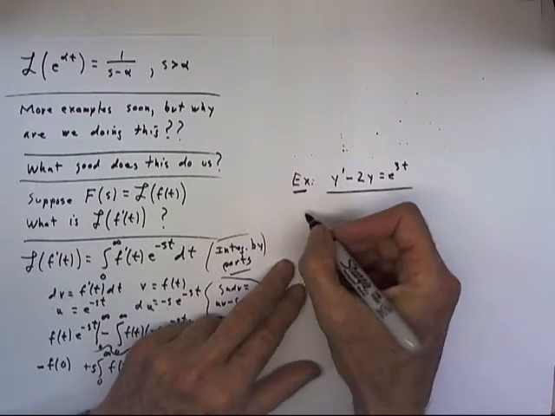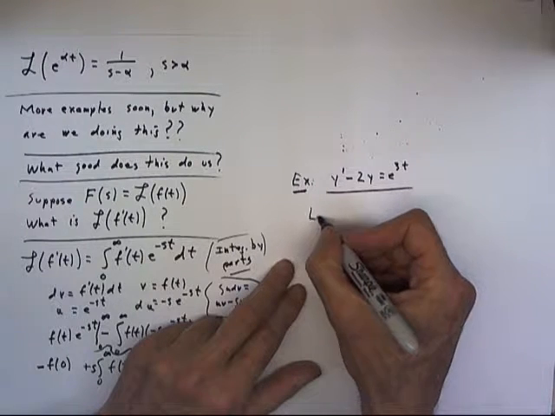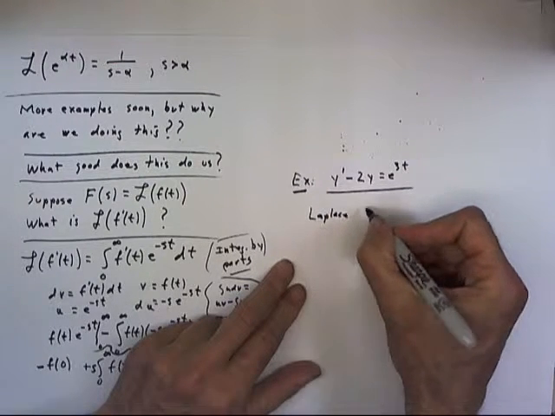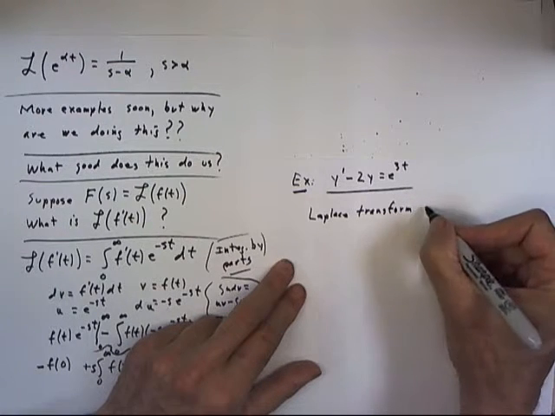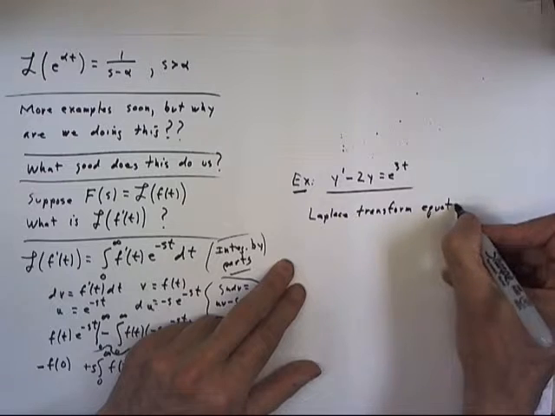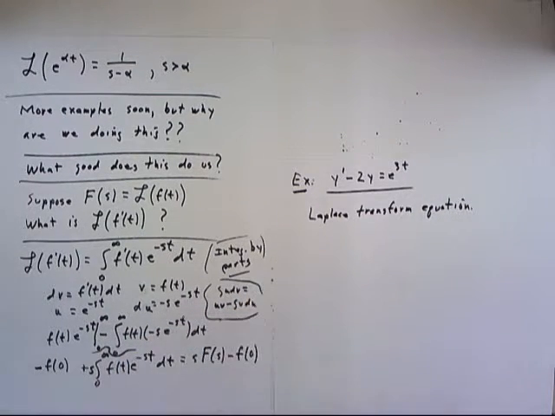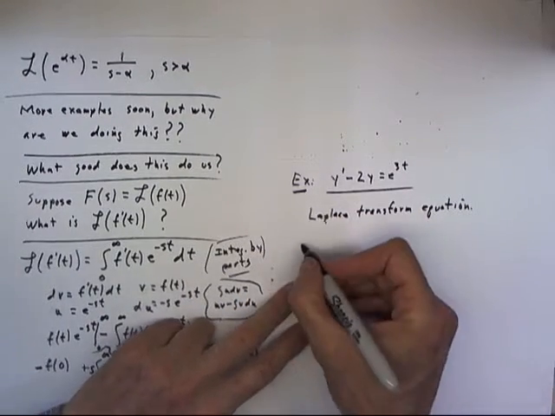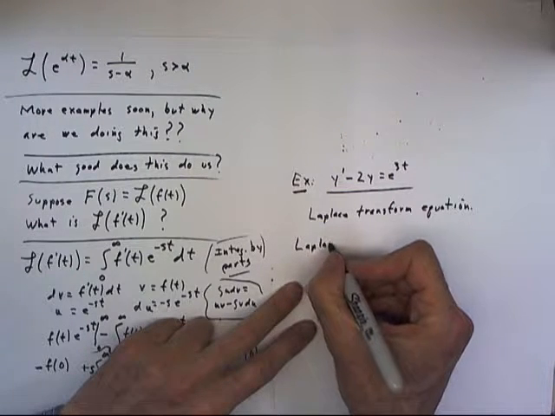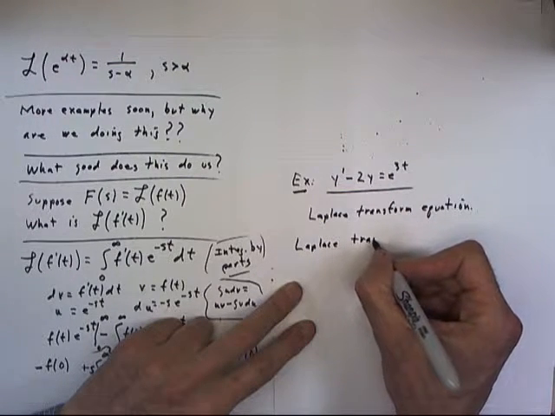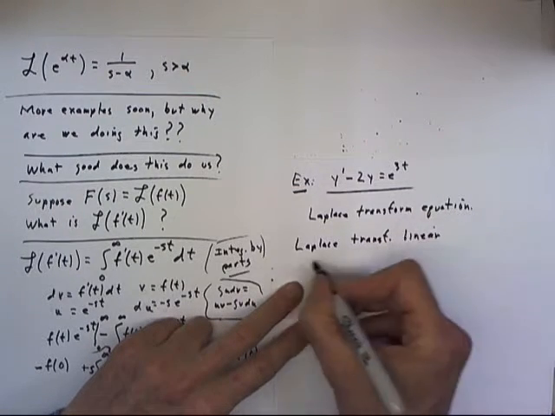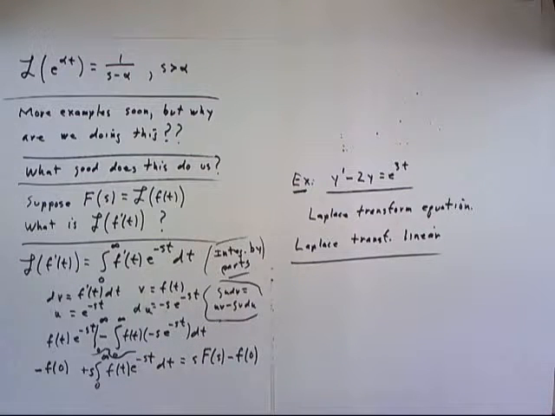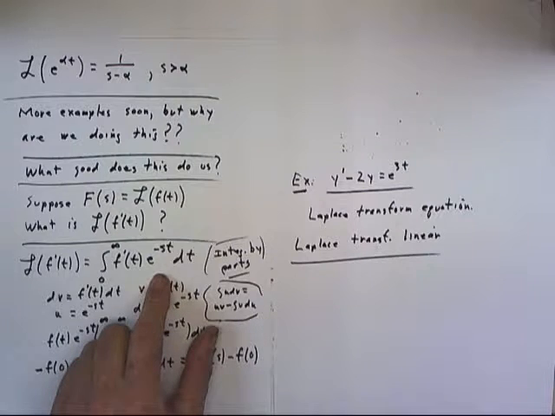Okay, so let's Laplace transform our equation. Now, one thing that we're going to need, the Laplace transform is linear. I haven't proved that, but it's a very almost trivial consequence of the fact that this integral is linear.